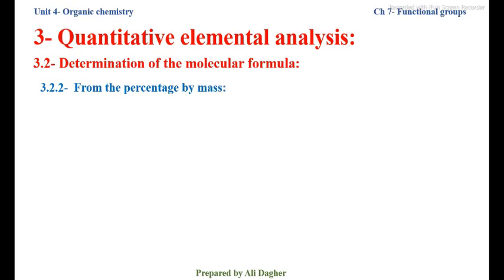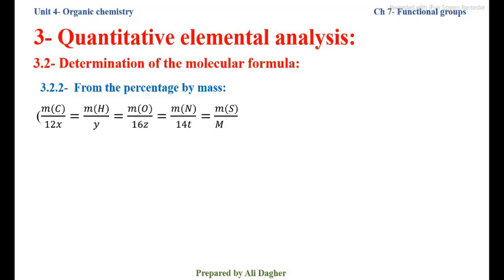Second case, from the percentage by mass of each element. We start from the last relation: mass of carbon over 12x equals mass of hydrogen over y equals mass of oxygen over 16z equals mass of nitrogen over 14t equals mass of S over molar mass of S. If we multiply this proportion by 100 over mass of S, the relation remains the same; the fractions remain equal.